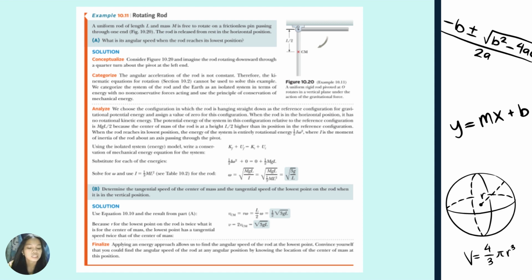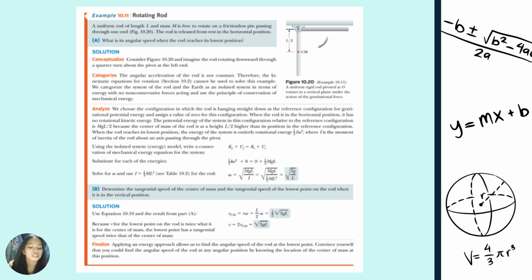So, let's move on to letter B. Determine the tangential speed of the center of mass and the tangential speed of the lowest point on the rod when it is in the vertical position.